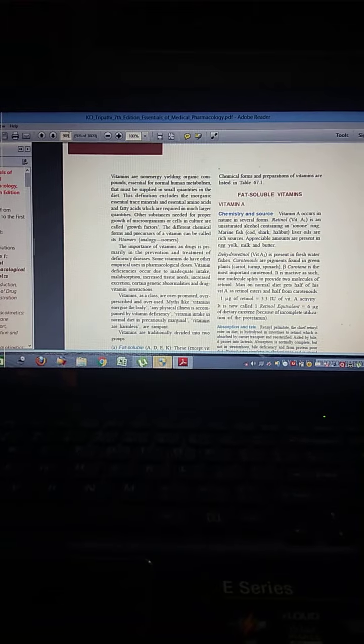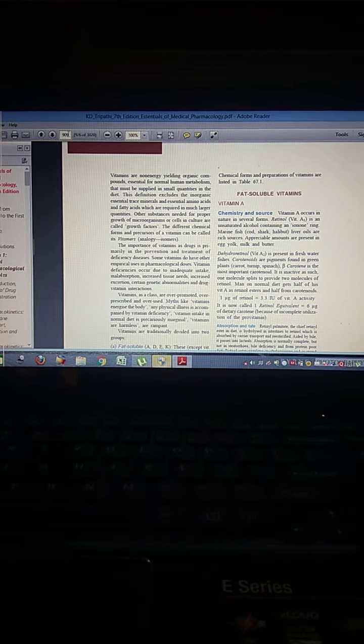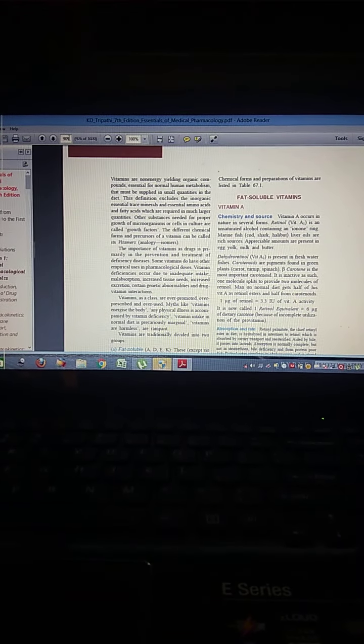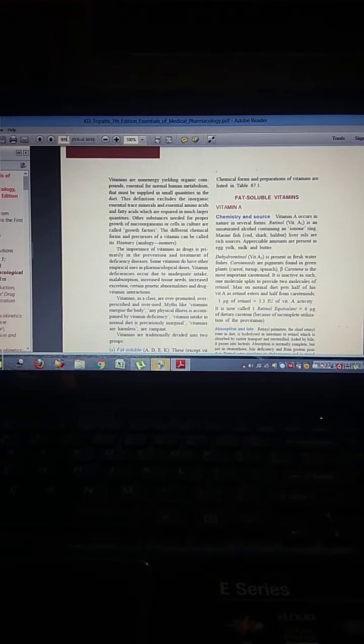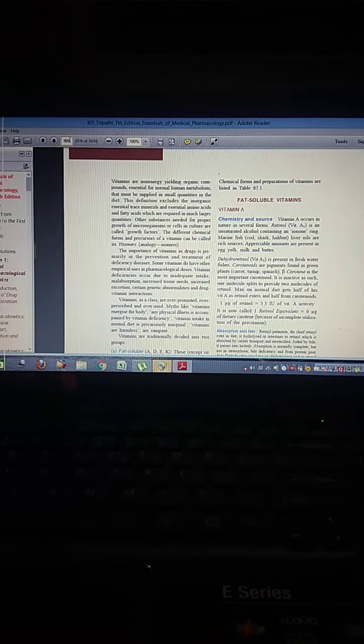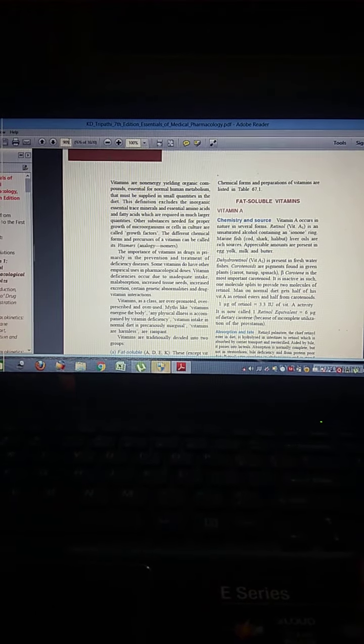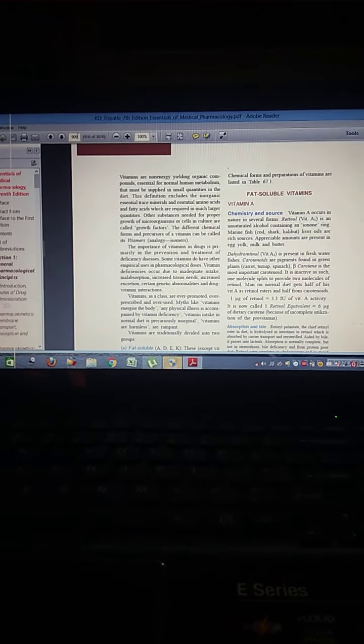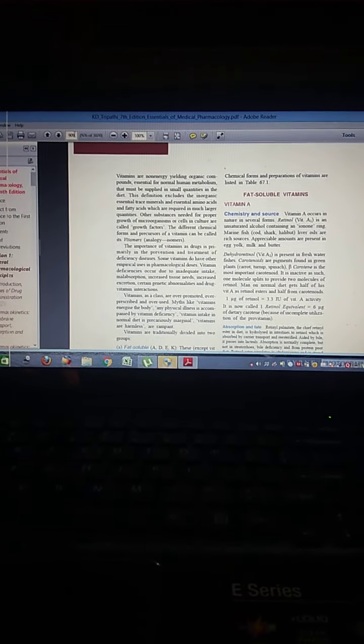Vitamin deficiencies occur due to inadequate intake, malabsorption, increased tissue needs, and increased excretion, certain genetic abnormalities, and drug-vitamin interactions. Vitamins as a class are overpromoted, overprescribed, and overused.